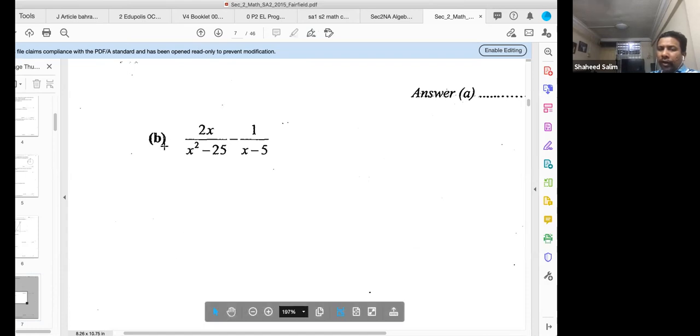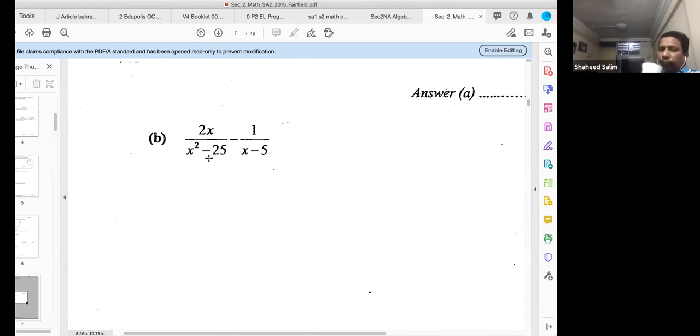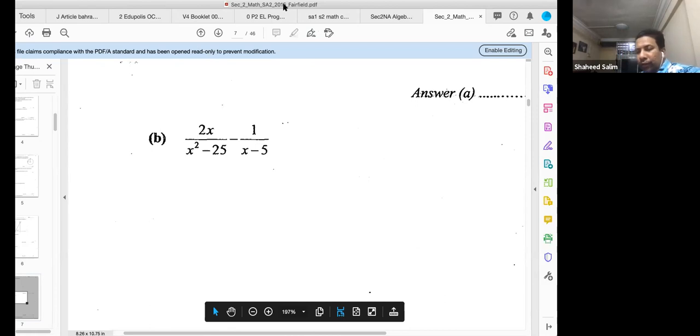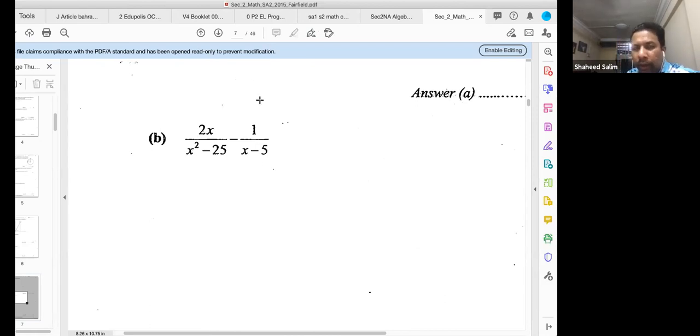Clue: you got to factorize this. Otherwise, you cannot. Shafi, you know how to do it? Okay.